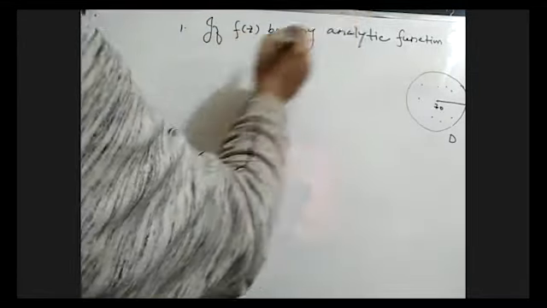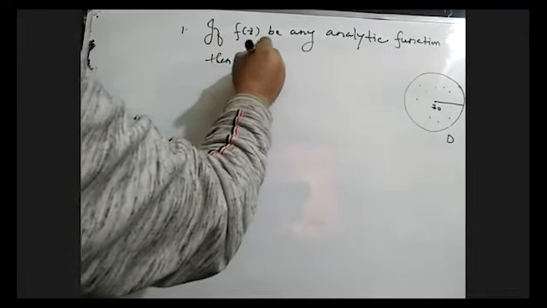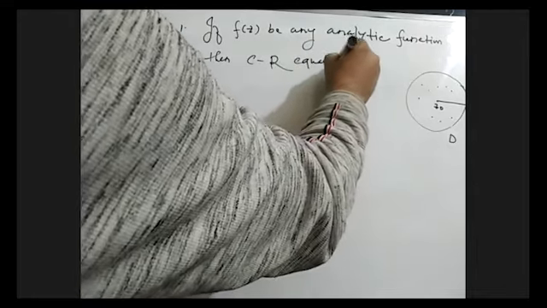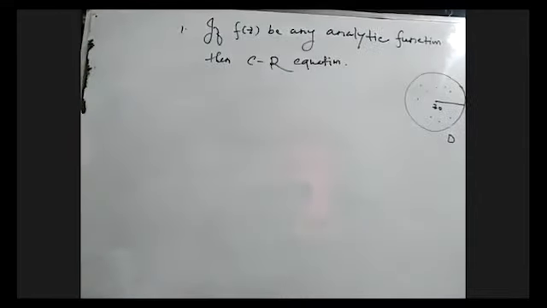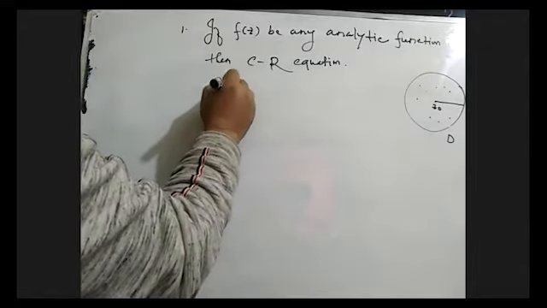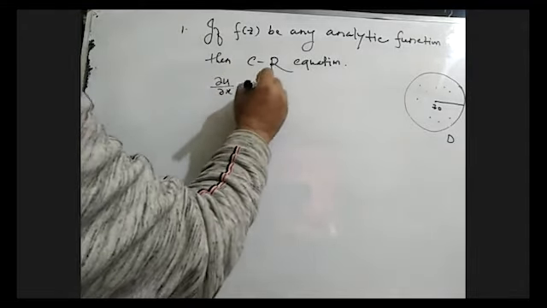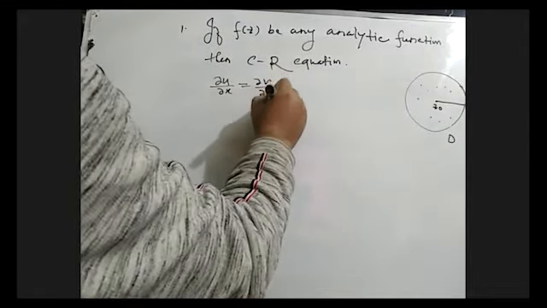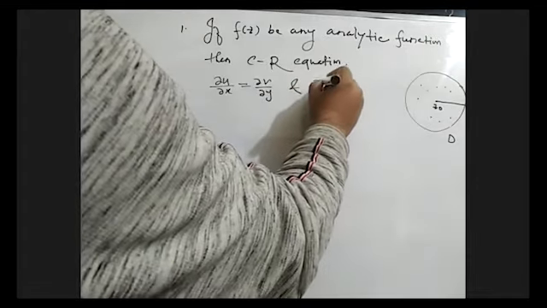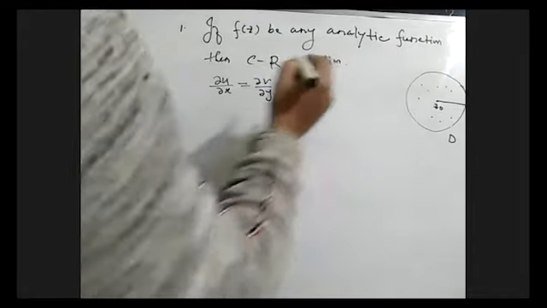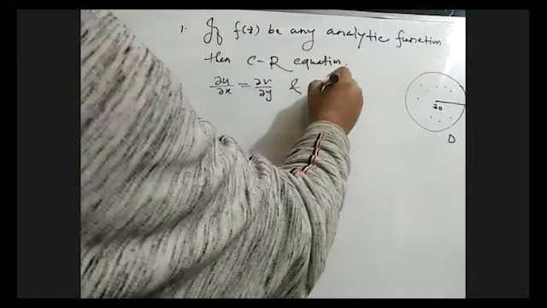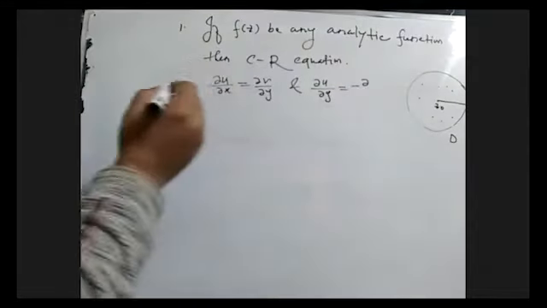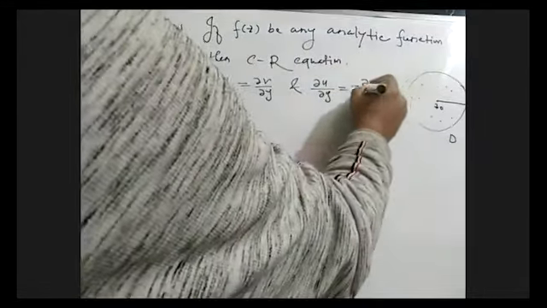So if f of z is any analytic function, then the Cauchy-Riemann equations, what were the necessary and sufficient conditions? The partial derivative of u with respect to x equals the partial derivative of v with respect to y, and the partial derivative of u with respect to y equals minus the partial derivative of v with respect to x.